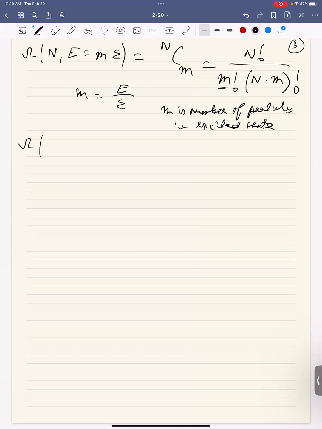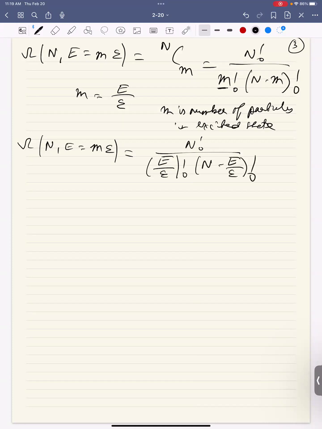So omega n, E equal to m epsilon, is going to be n factorial by E by epsilon factorial by n minus E by epsilon factorial. So let me say this is equation number 1, and let's say this is equation number 2, and we will see which one do we need to work with.